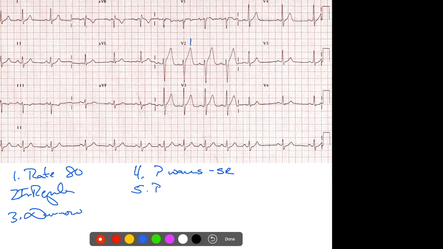And what's the next thing? PR interval. That's normal. So we're looking for a rhythm that is irregular, coming from above the ventricles, and coming from the SA node. So what does that fit into? An irregular rhythm that's from the SA node.